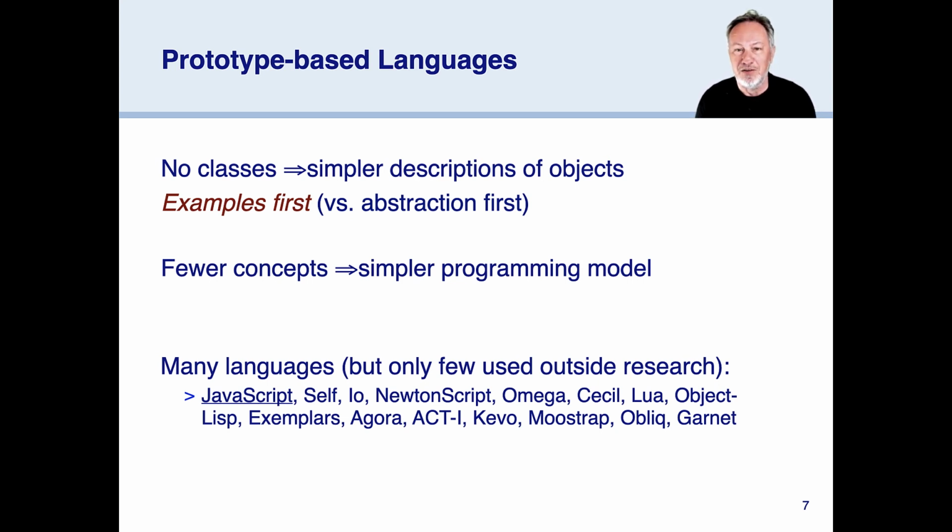Since the Newton device introduced by Apple many years ago has not existed for a long time, it also is a defunct language. JavaScript, I would say, is the only one of the remaining languages which is highly used in practice. Of course, it's used virtually everywhere nowadays on any dynamic website.